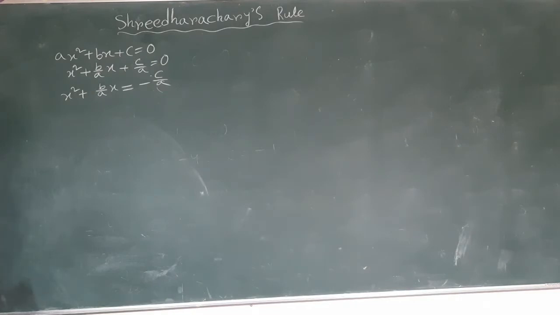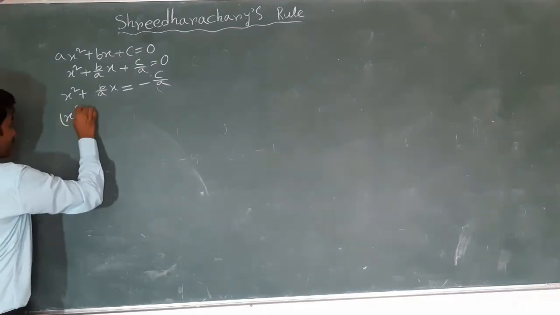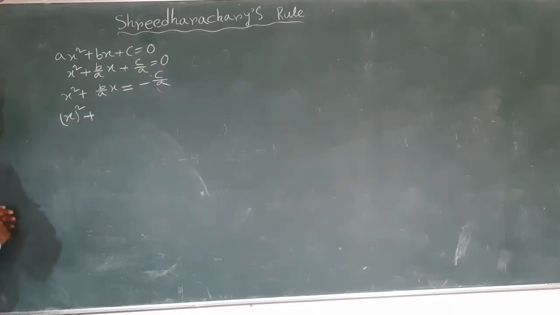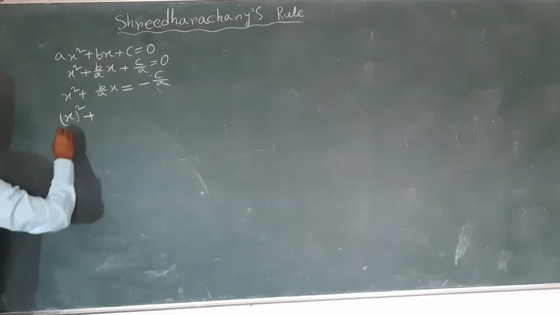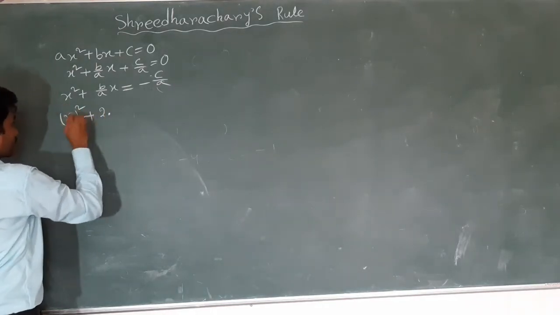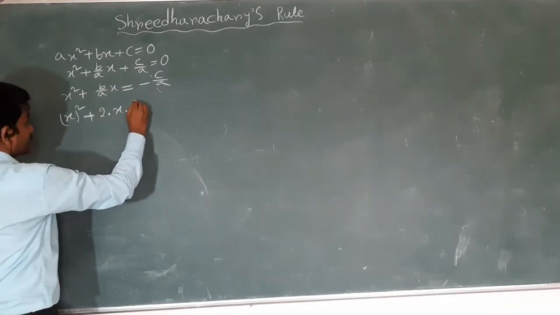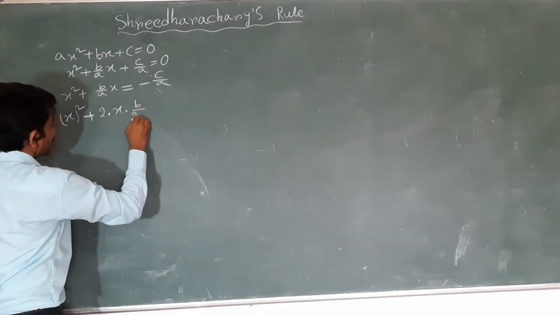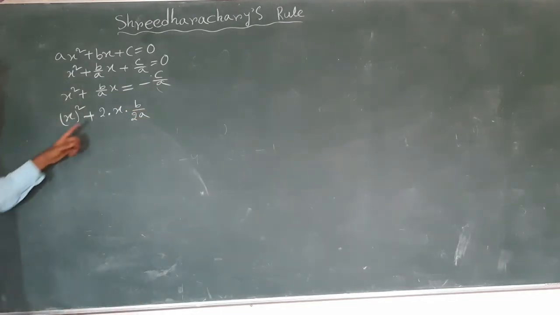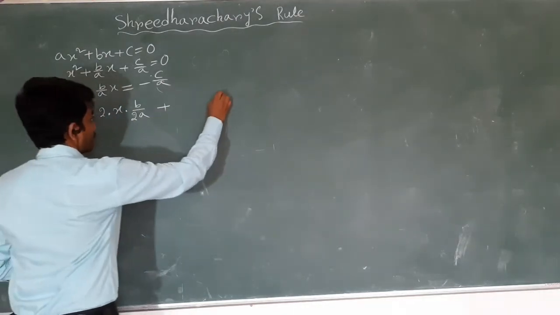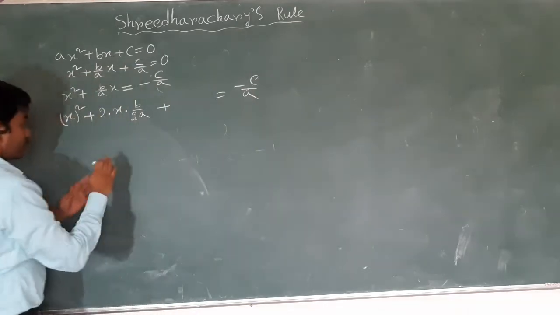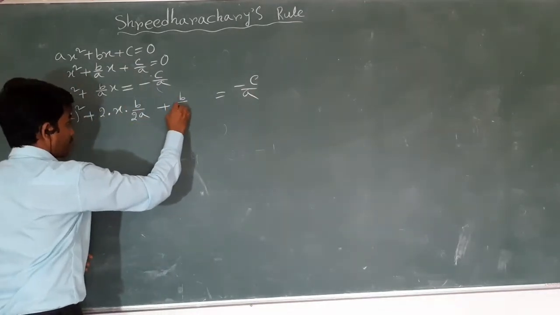Now we make this equation in the form of a completing square, that is, we create a square of a and b terms. So x square plus 2 into a into b, that is, b upon 2a, so 2 cancel, b upon a x plus the b square term, that is b upon 2a.